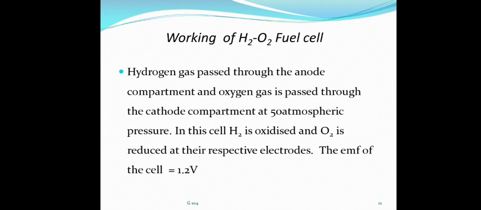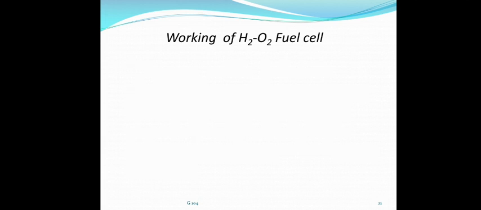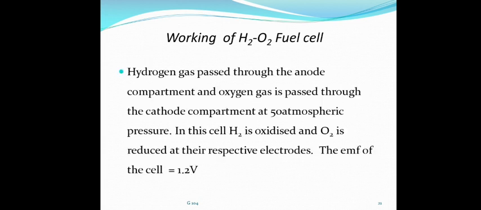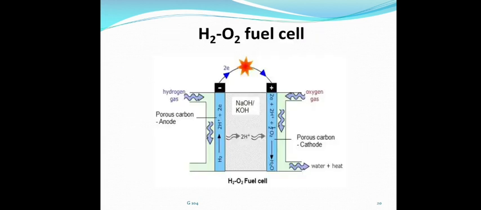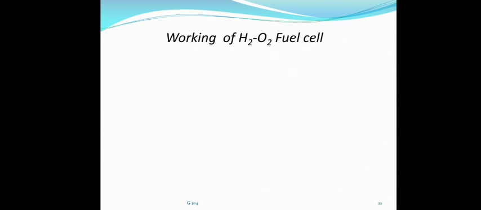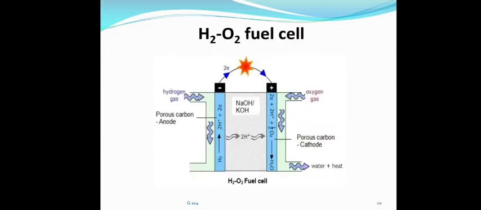The EMF of the cell is, are you able to see here? Here the hydrogen electrode is undergoing oxidation and oxygen is undergoing reduction, due to which electricity is produced.